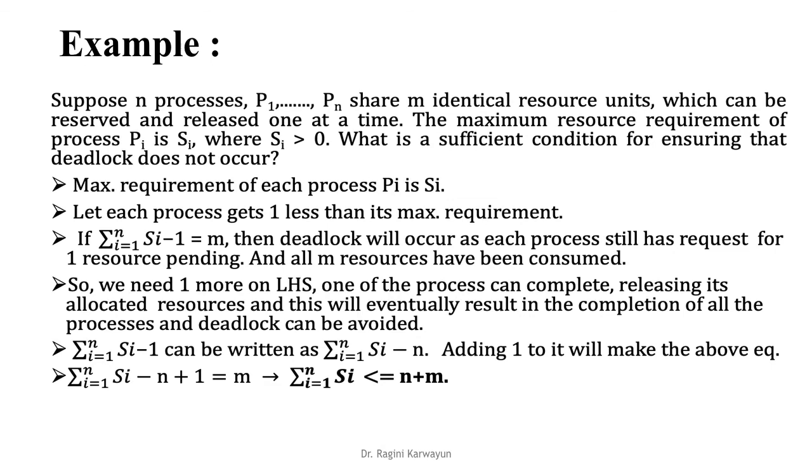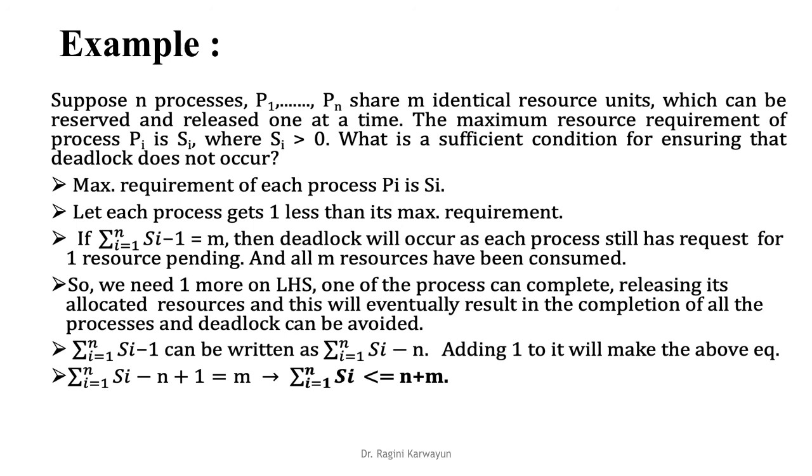Then the next question: suppose n processes P1 to Pn share m identical resource units which can be reserved and released one at a time. The maximum resource requirement of process Pi is Si, where Si is greater than 0. What is the sufficient condition for ensuring that deadlock does not occur? The maximum request of each process Pi is Si. Let each process get one less than its maximum requirement.